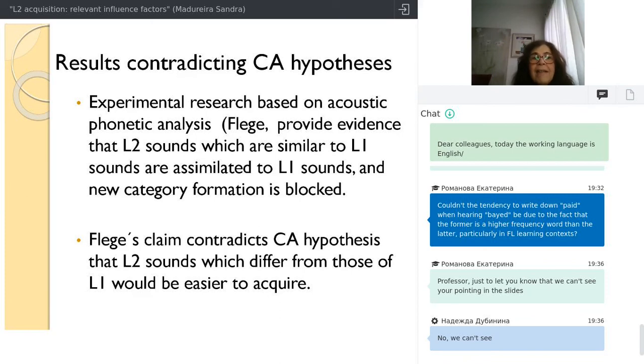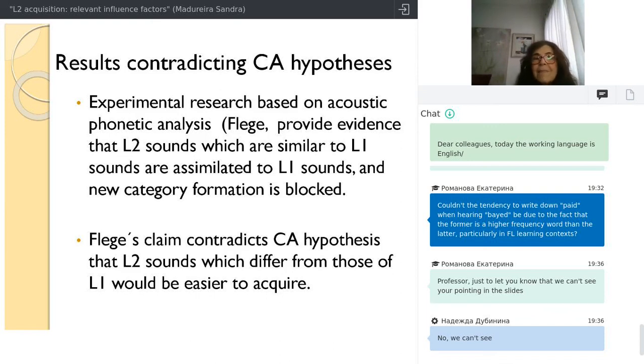Okay, so there is no age at which you say, well, from now on you cannot acquire a foreign language. And then another difference between the speech learning model and the contrastive analysis hypothesis is about the interference of the mother tongue. Flege considers that having L1 is going to be good for you to learn a second language, and this is for all of us. Contrastive analysis says that all different sounds are difficult, and the speech learning model says all similar sounds are difficult. It's just the opposite argument.